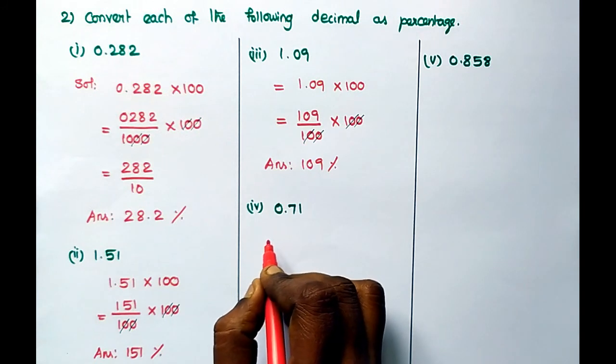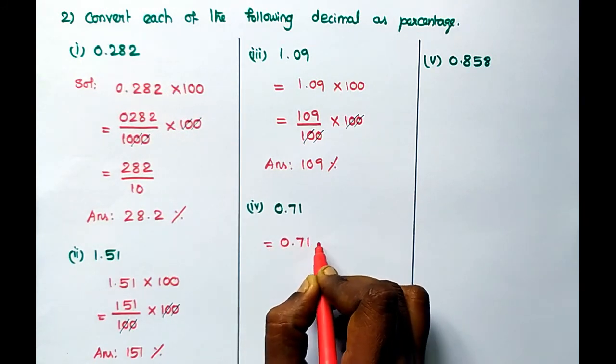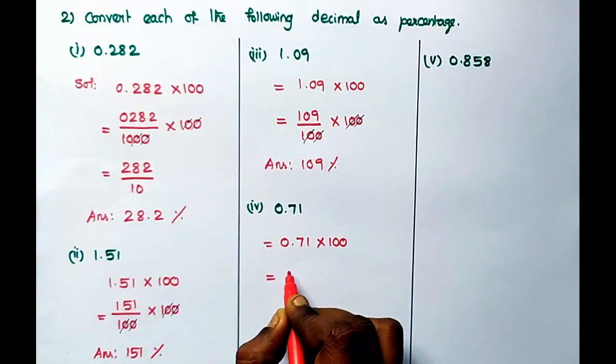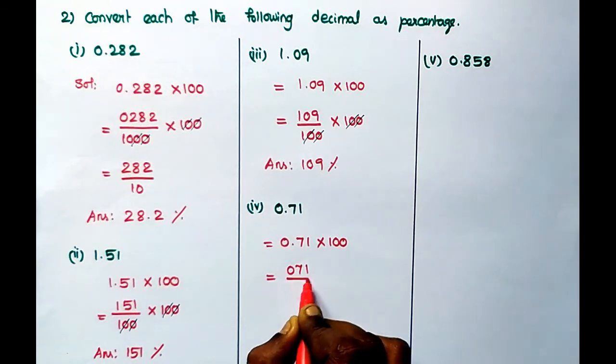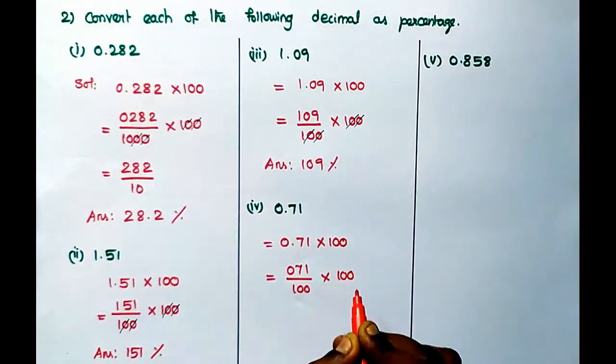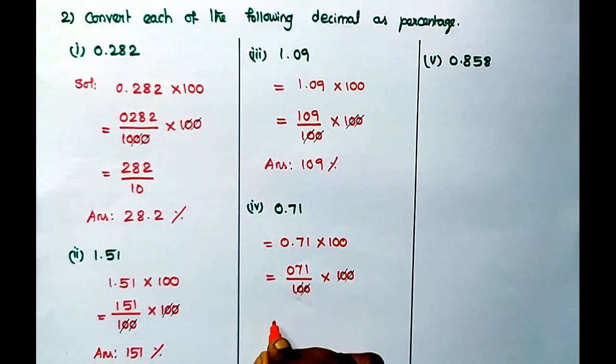Now fourth subdivision, 0.71 into 100. Now 0.71 divided by 100 into 100. Now the zeros get cancelled, so we get 71%.